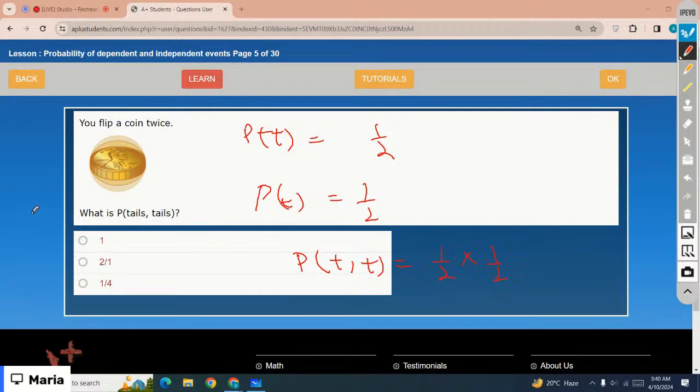So which is the correct option? That is 1 out of 4, right?